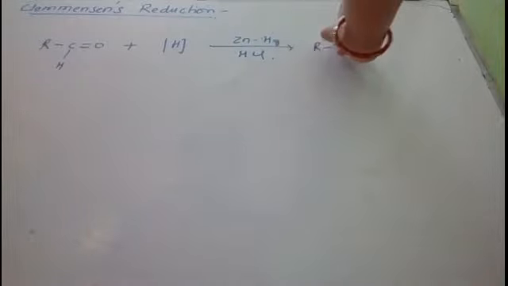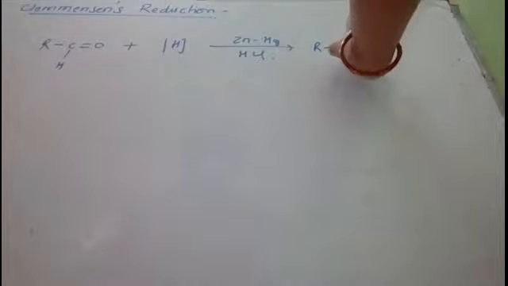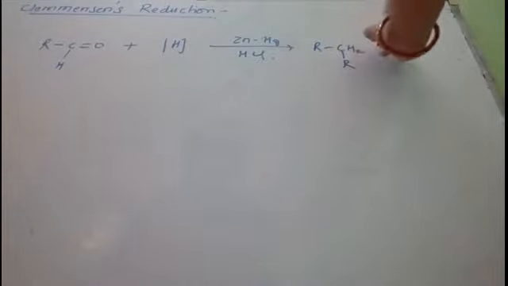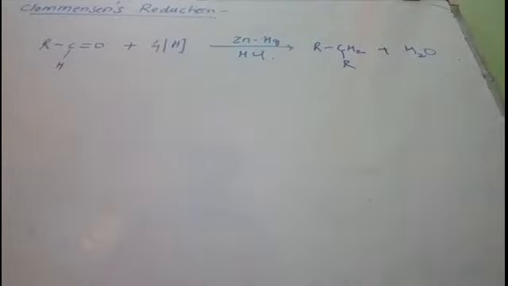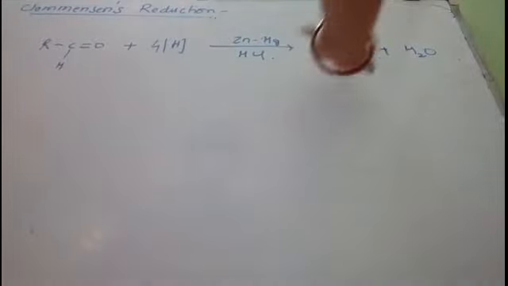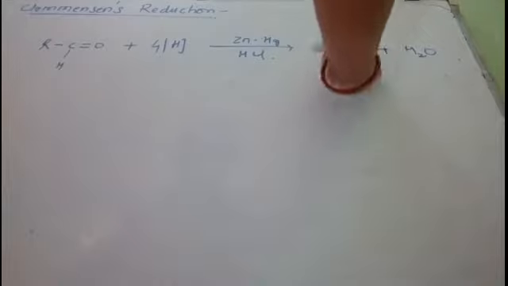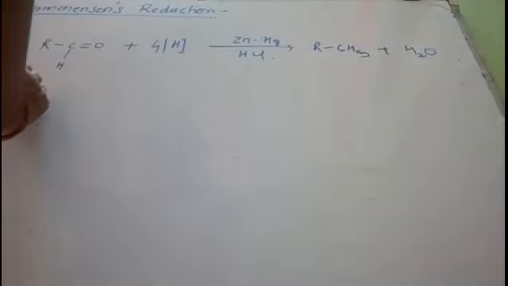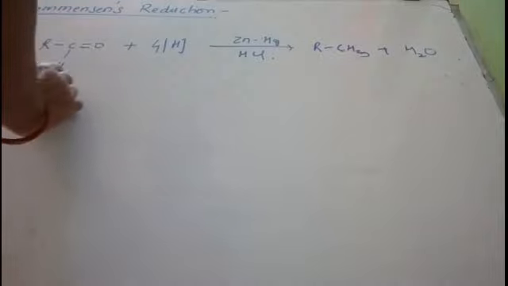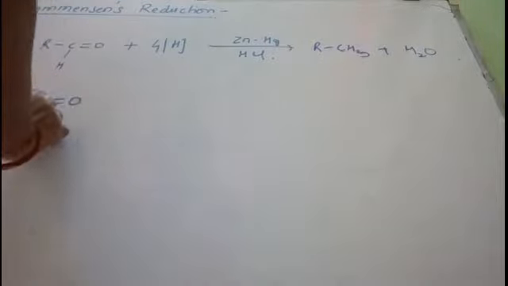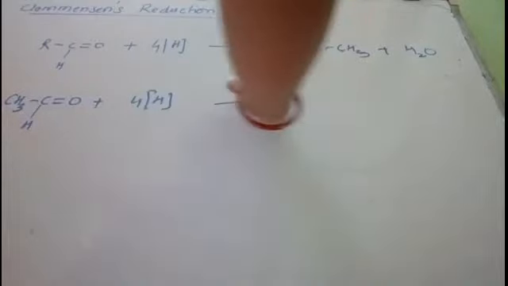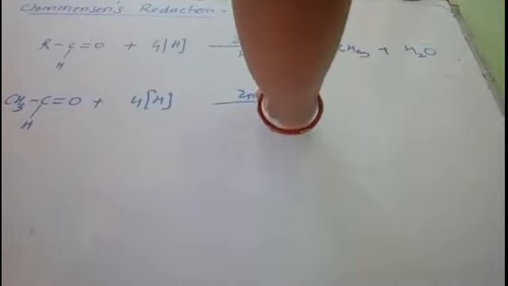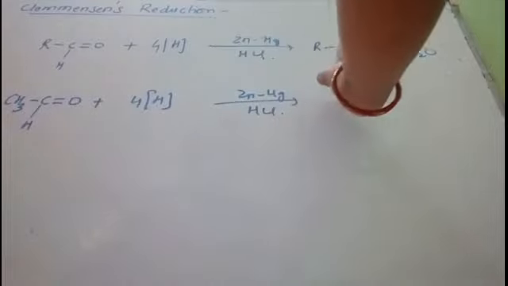So the carbonyl group is reduced to CH2 group, right? Hence hydrocarbon will be formed. We require 4H here, right? Here H is there, so keep it H, so it will become RCH3. So let us have an example. Suppose we have here ethanal. We reduce it using zinc amalgam and hydrochloric acid.